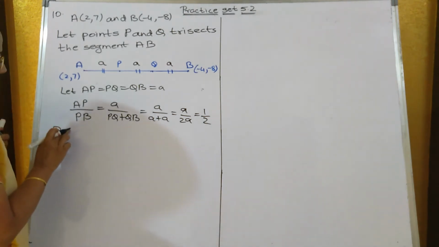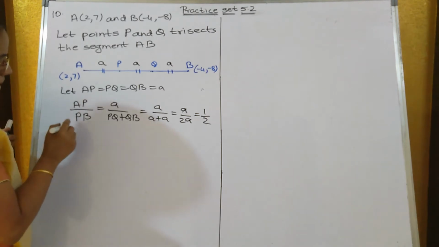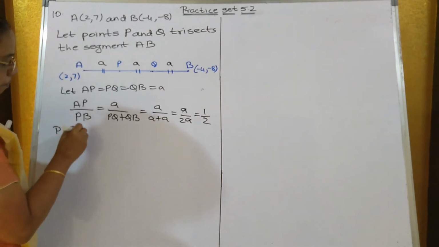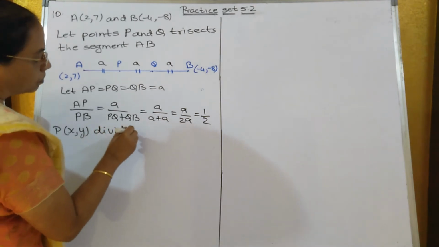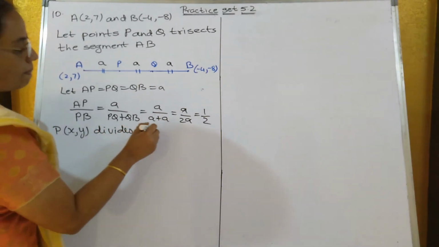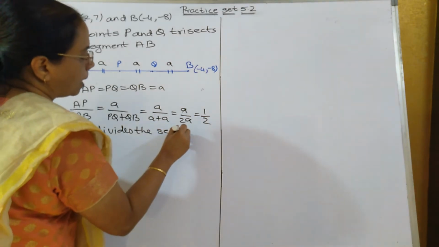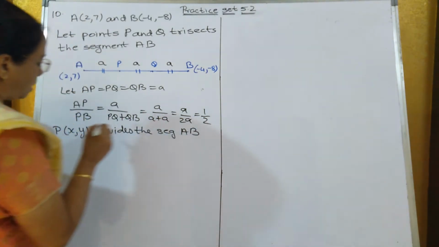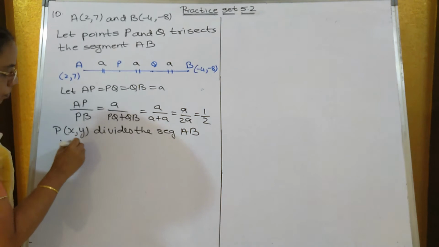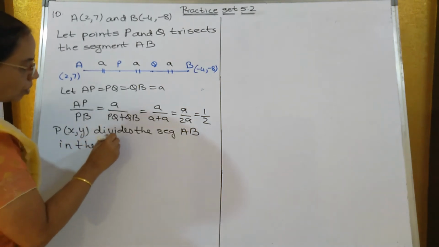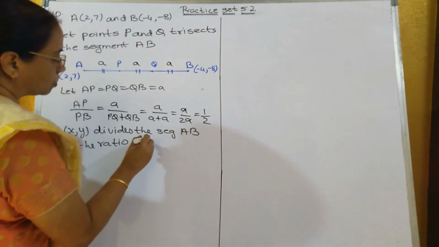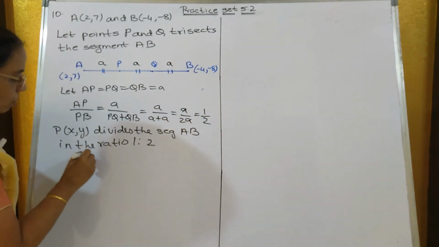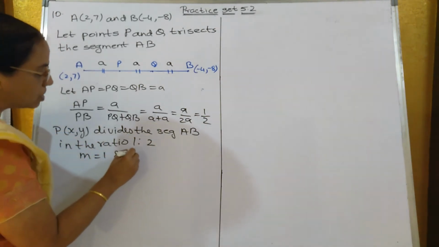Let us take P as (x, y). P (x, y) divides segment AB in the ratio 1:2. So your m is equal to 1 and n is equal to 2.